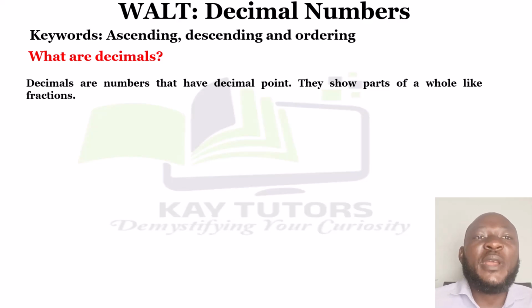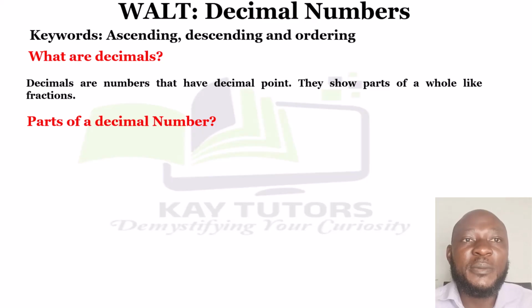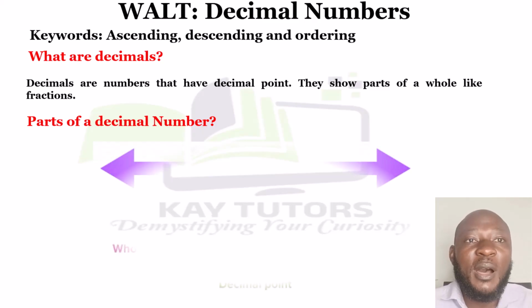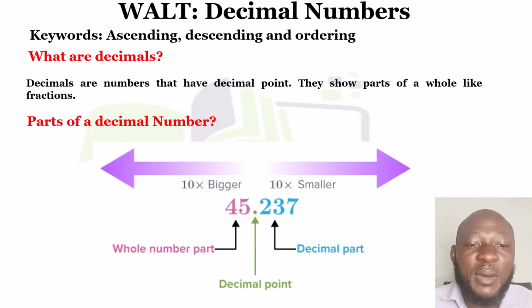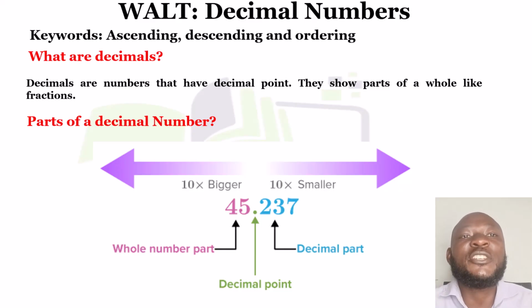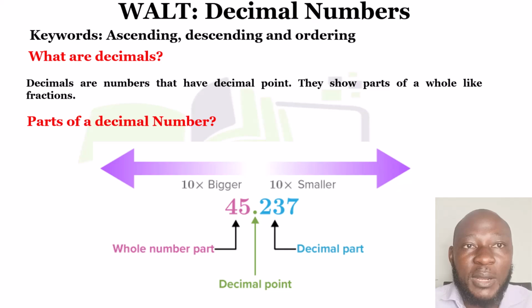So let us look at the different parts of a decimal number. Now we have the whole number part, we have the decimal part, and we as well have the decimal point. The decimal point actually makes a number a decimal number. So quickly, let us explain each digit in this decimal number.